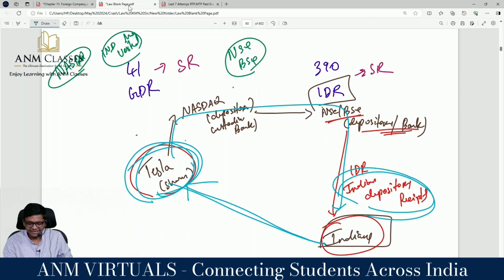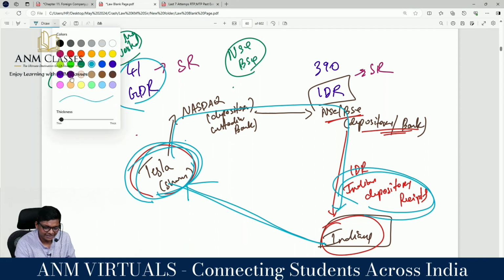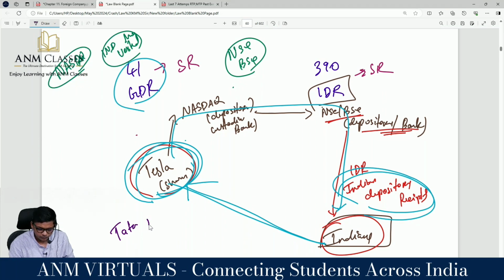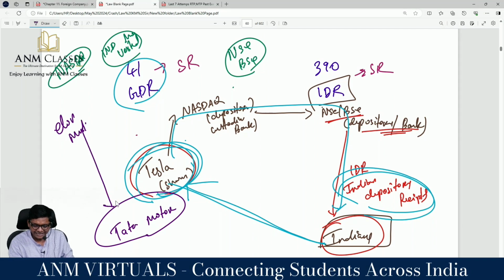Then, if IDR is here, what is GDR? Opposite. Global people want to buy Indian companies. Let's say, take an Indian company, Tata Motors. Now, Tata Motors shares, let's say Elon Musk wants to buy. He can't directly buy. He will buy the GDR issued in his country representing Tata Motors.